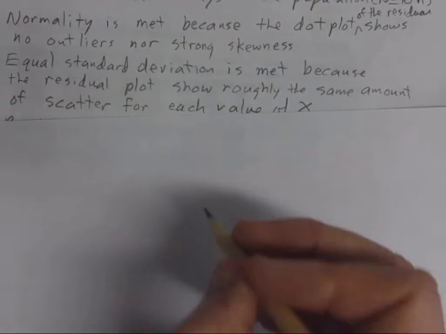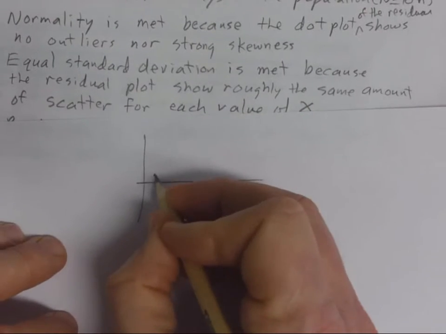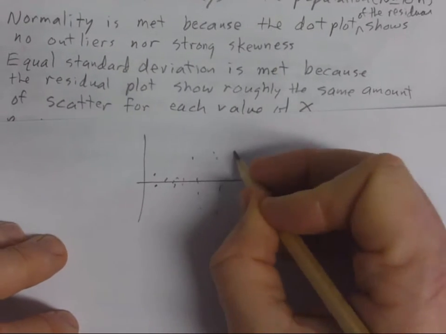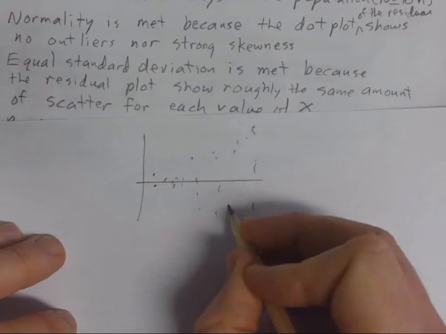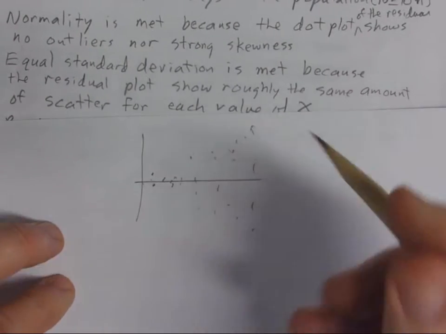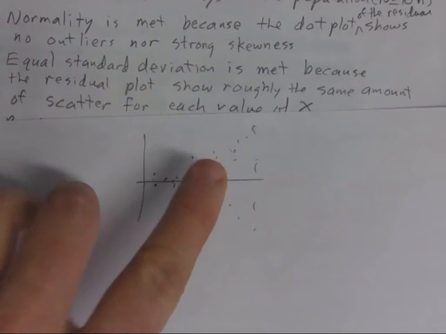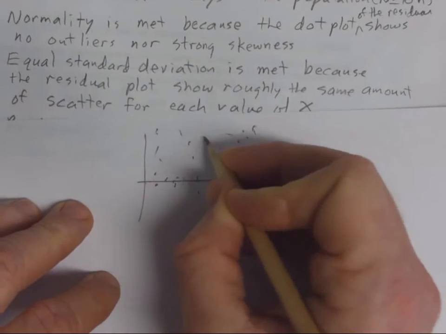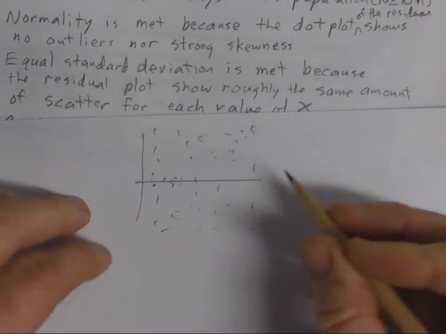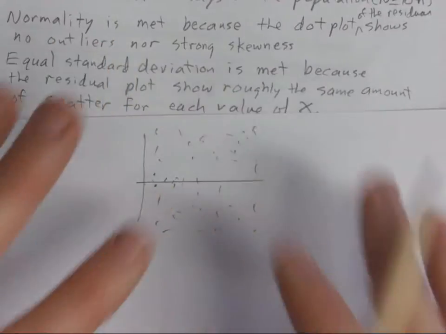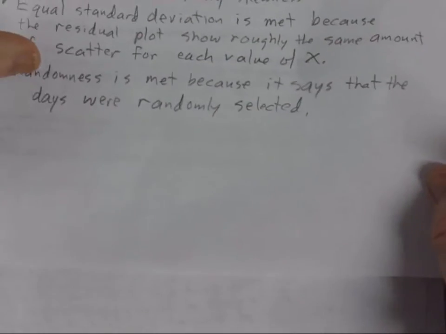So a violation of that would be if your residuals really were tight to the line here, and then they got wider for bigger values of x. So that's not equal variance. It's really close there. It's really far away there. That would be a violation of that condition. It needs to look like this. The residual plot needs to have an equal amount up and down like that, an equally random scatter. So, and then lastly, of course, randomness.